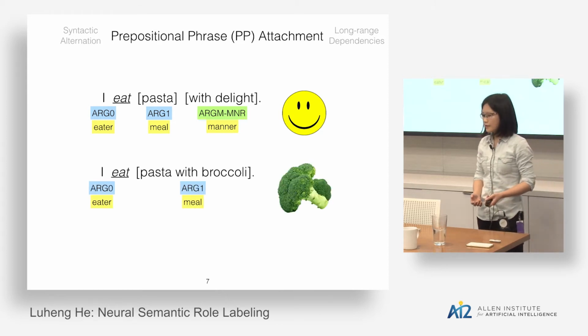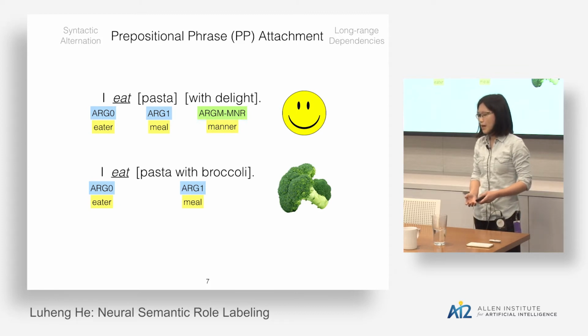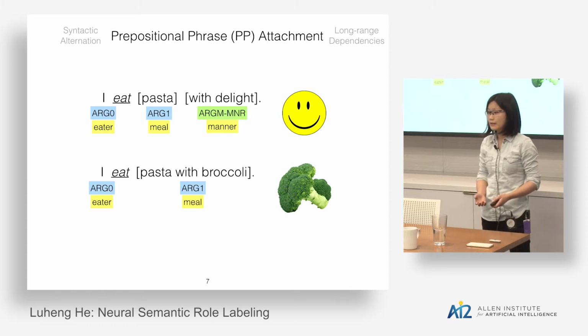For another sentence, I eat pasta with broccoli, the prepositional phrase with broccoli modifies the noun pasta instead. And the whole phrase pasta with broccoli is the entire arg1. To get this right, the model needs to know that delight means some sort of emotion, and broccoli is a kind of food that can be eaten.